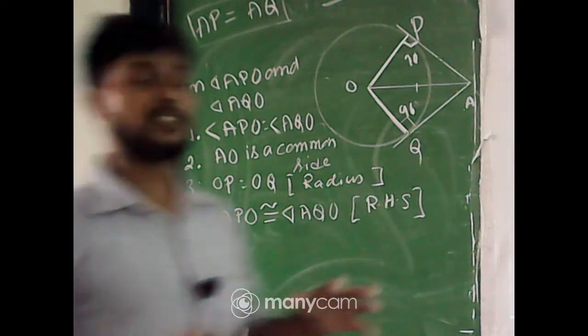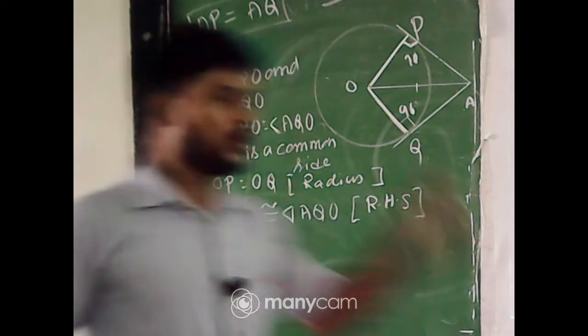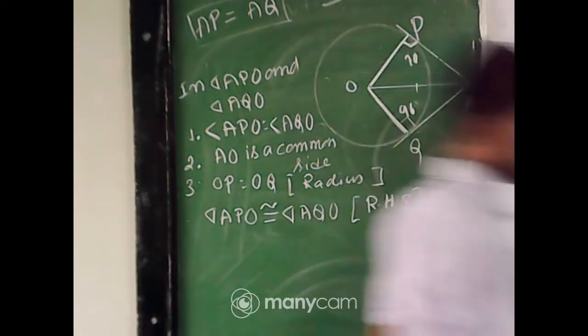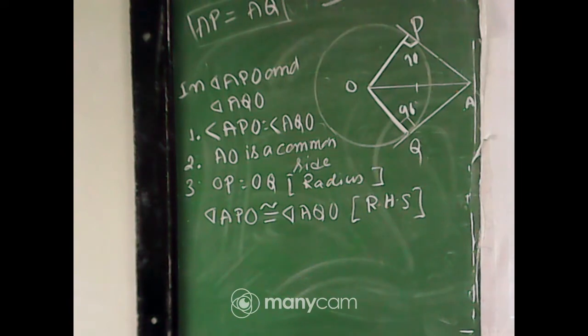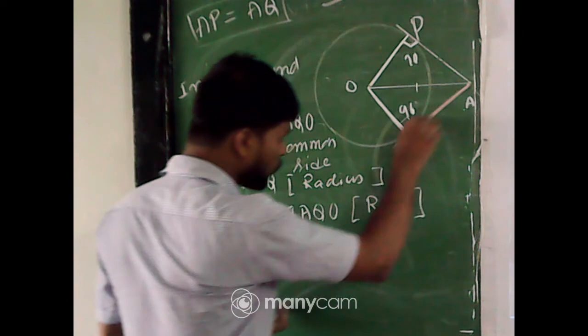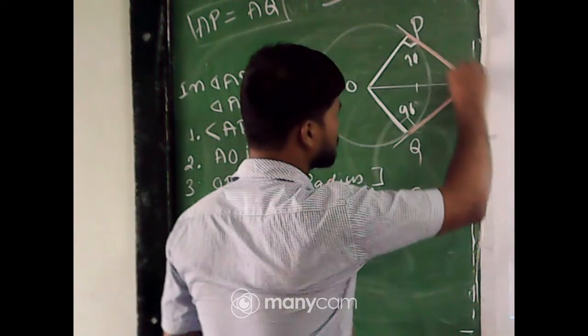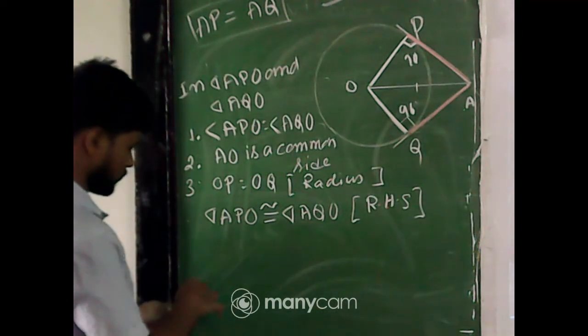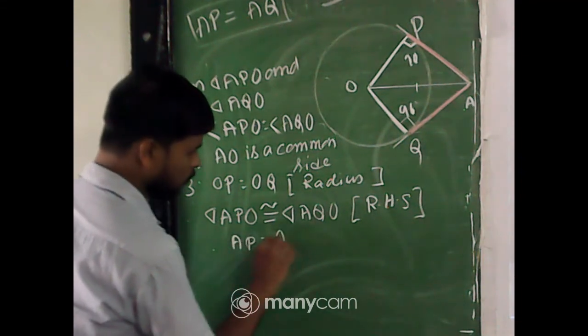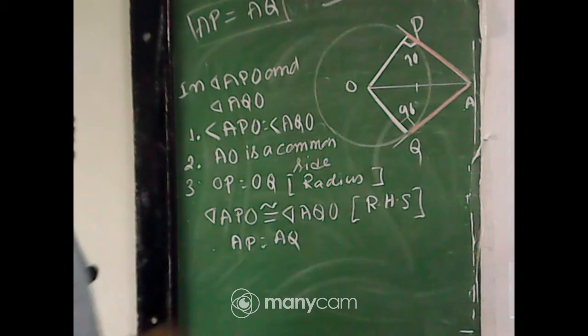Now, whenever the triangles are congruent to each other, their corresponding parts are also equal, isn't it? So we can write that AQ will be equal to AP. AP is equal to AQ, and hence the proof.